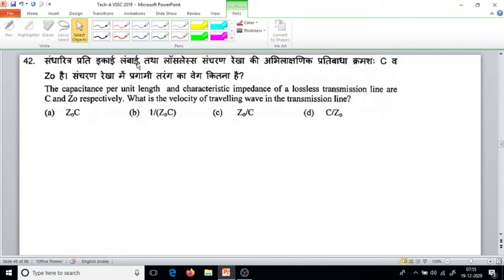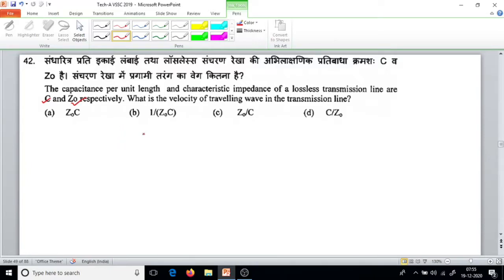Question number 42. The capacitance per unit length and characteristic impedance of a lossless transmission line are C, and this is the capacitance per unit length, and this is the characteristic impedance of the transmission line.